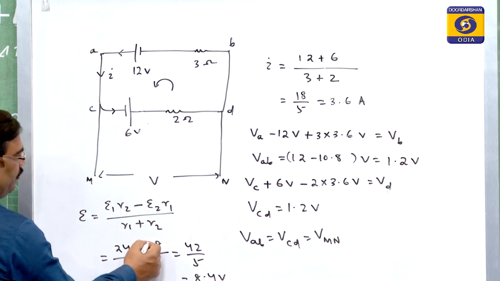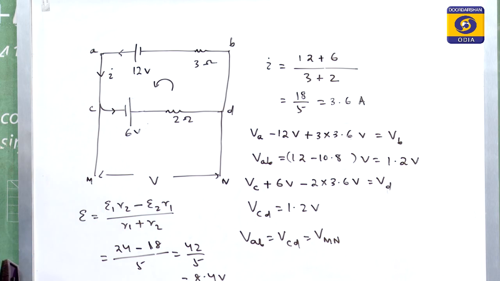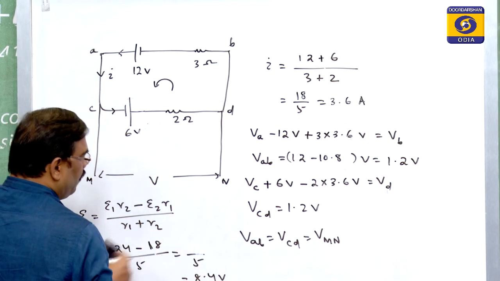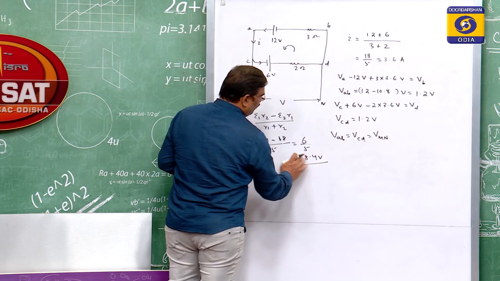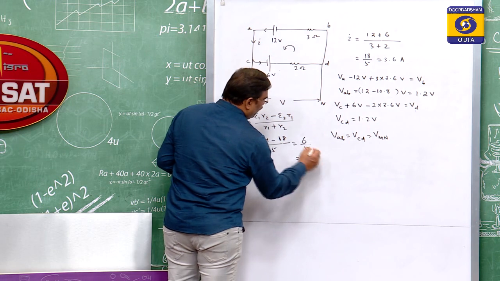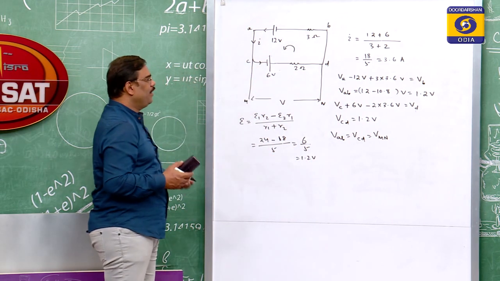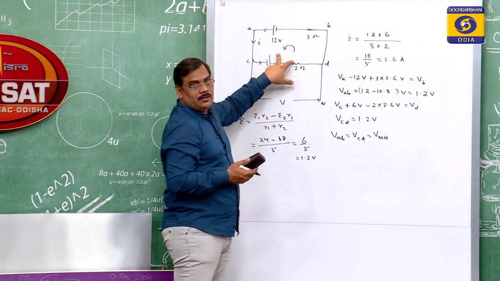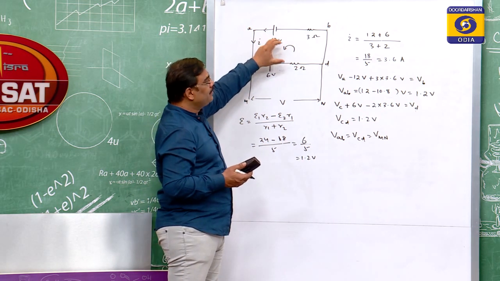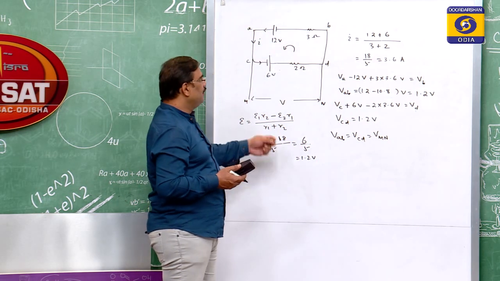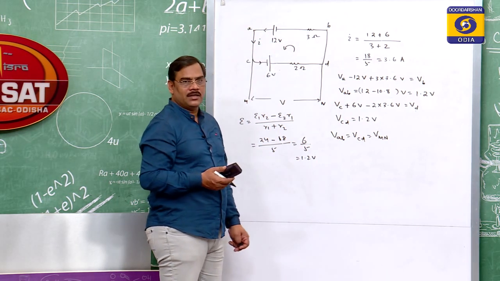So, it is 24 minus 18 divided by 5, it is 6 by 5, and this is coming as 1.2 volt. You see, in any way, if you are clear about the concepts and clear about the application of Kirchhoff's law, then you will get the same thing in whichever way you are working.